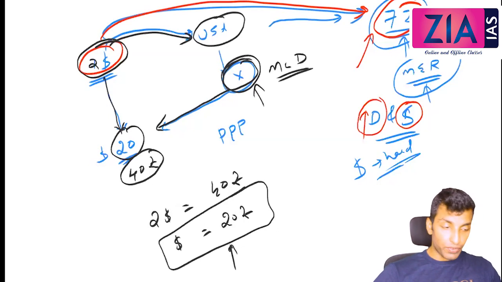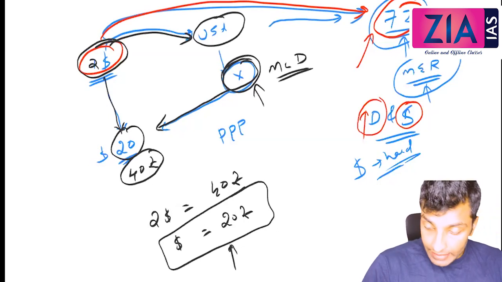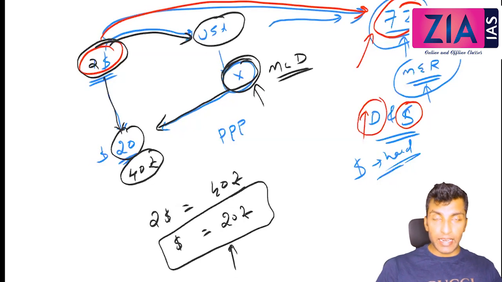You can just write one line over there. It is an exchange rate.